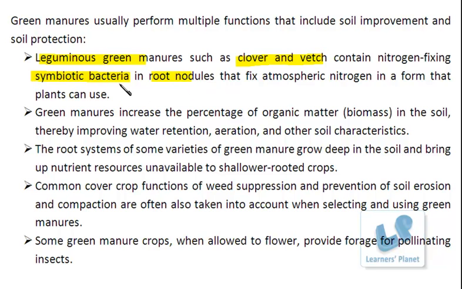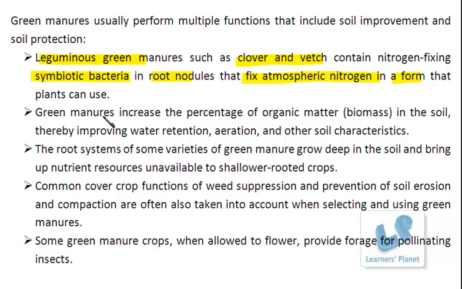These bacteria help in fixing the atmospheric nitrogen, and it is converted into an inorganic form that can be easily used by the plants. Now these plants are not going to utilize these inorganic nitrogen substances because initially it is grown and further it will be ploughed over there only. So the soil gets enriched with the nitrogen content.